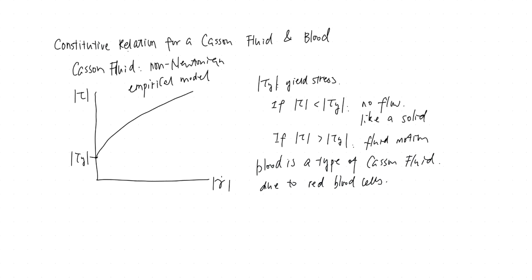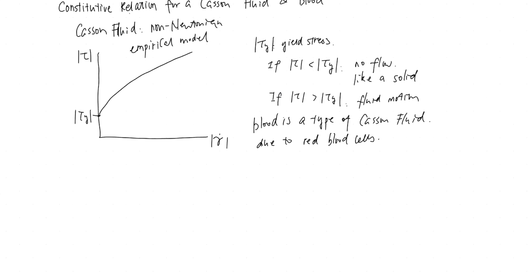If you have low shear stress applied to the aggregated red blood cells, the cells are just aggregated together and behave as a solid. Only when we use high enough shear stress to push the blood do those red blood cells not aggregate, and they start to flow. That's why the discussion of Casson fluid is specifically relevant when we talk about biotransport phenomena.